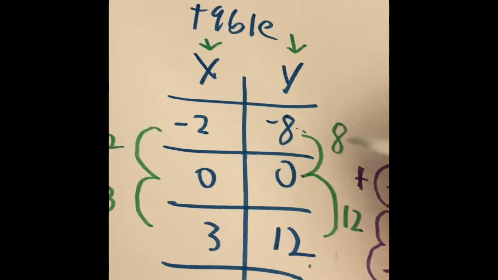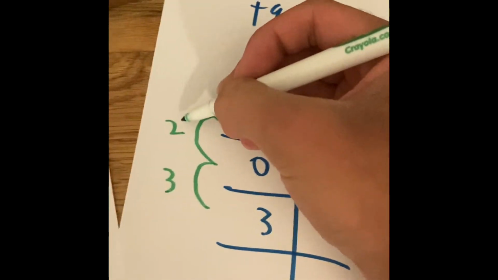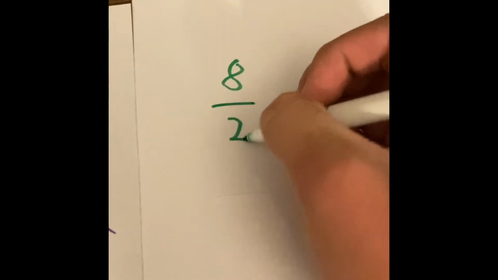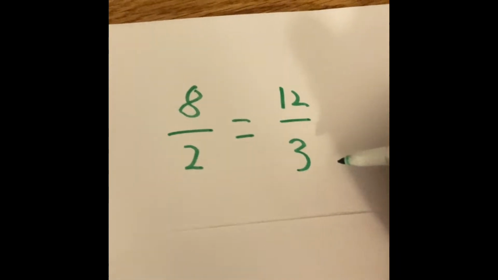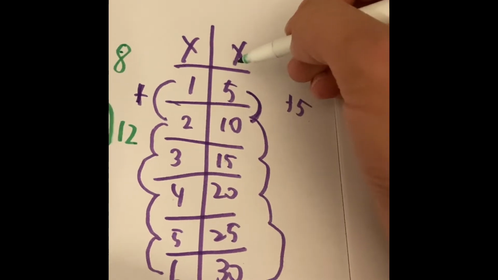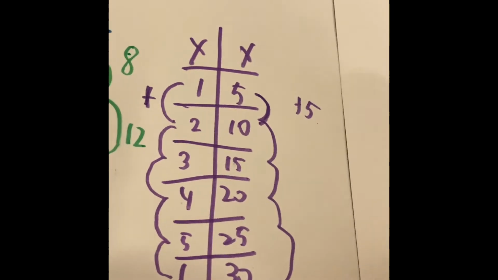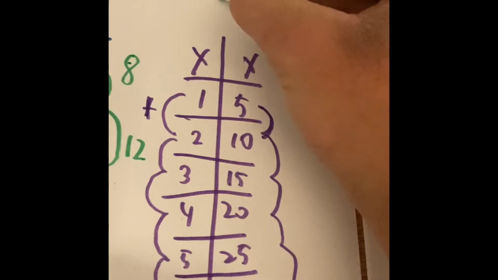So what we're going to do is have 8 divided by 2, which is going to equal 12 divided by 3. The reason why we did that is because we're trying to calculate and see if our ratio table and our function is changing at a steady rate, just like this one.